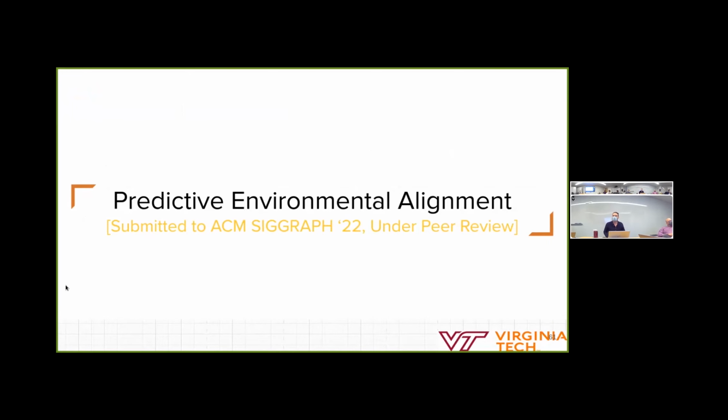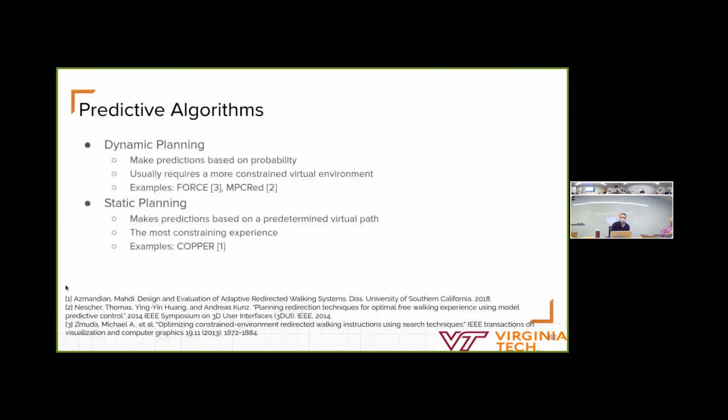What we found is that, just like with traditional redirected walking, the reactive approach is the most generalizable, but it's not always going to produce the best results. So we thought it'd be best to look at this through the lens of a predictive algorithm in order to achieve true, quote unquote, alignment.